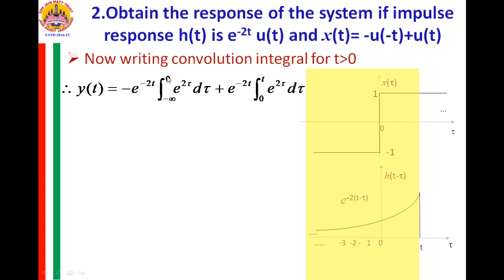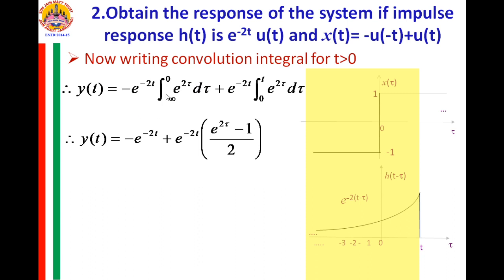One is from minus infinity to 0, where the amplitude of x of tau is minus 1, and the other part where the amplitude is plus 1. So integrating and substituting the limits: minus of e raised to minus 2t, and e raised to 0 if you substitute here, you will get 1.